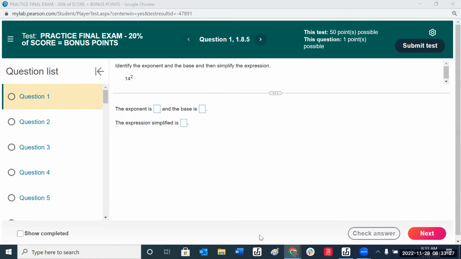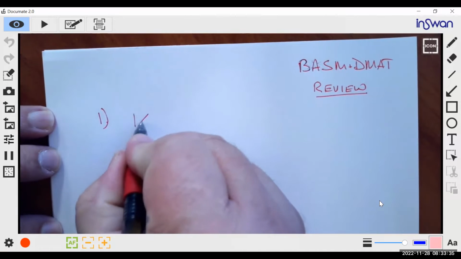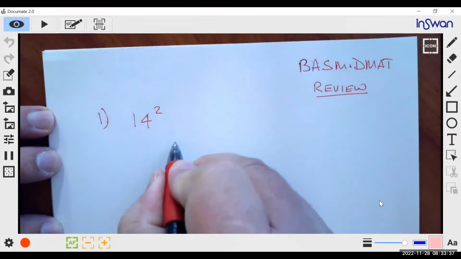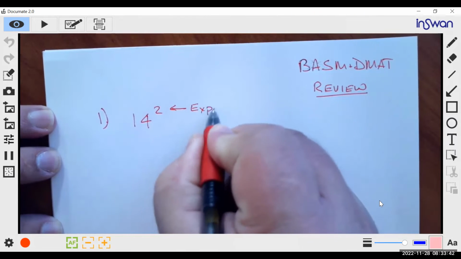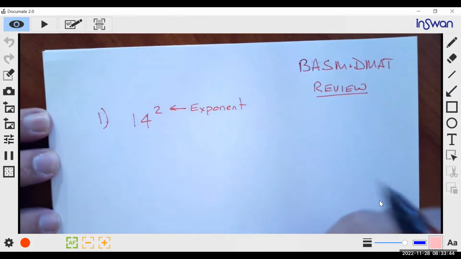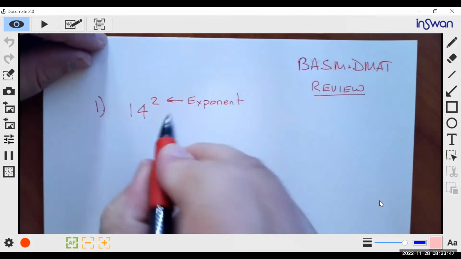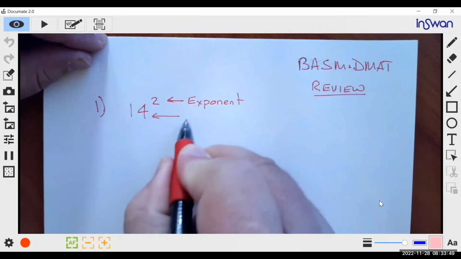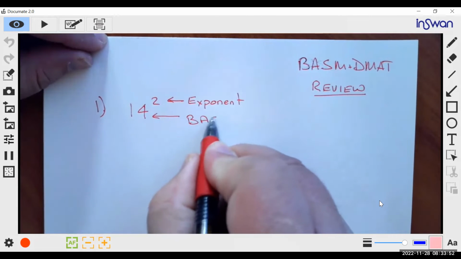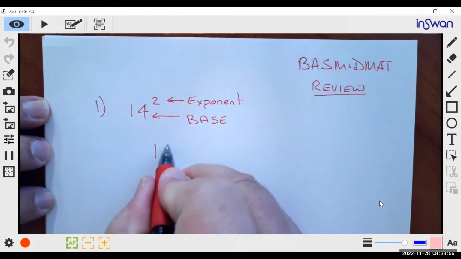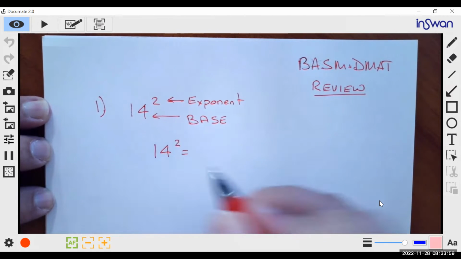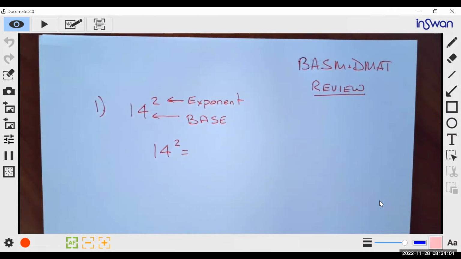So we have the exponent, and what's the base? So what does 14 to the power 2 equal?